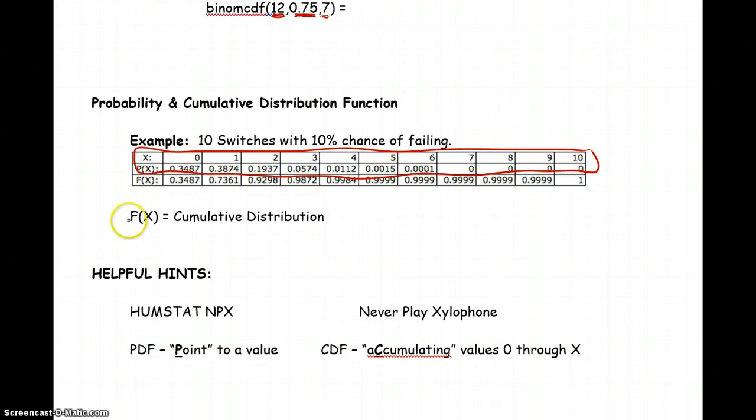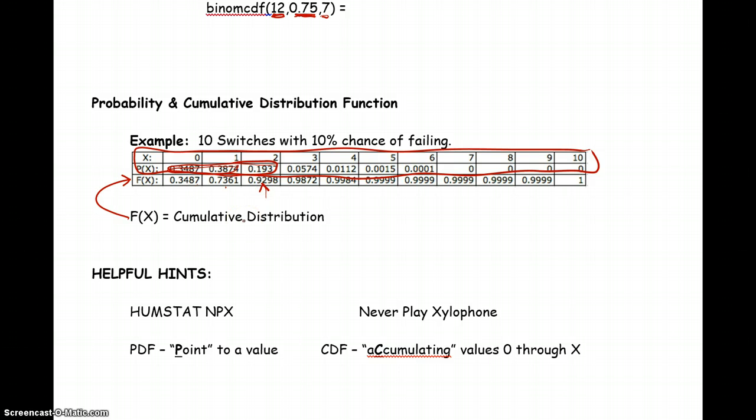This bottom part is the cumulative, adding it up as you go. So the chance of getting 0 is just 0.3487. The chance of getting 0 or 1, I add these 2 up, and I get 0.7361. If I want up through 2, I add up all of this, and I get this number.